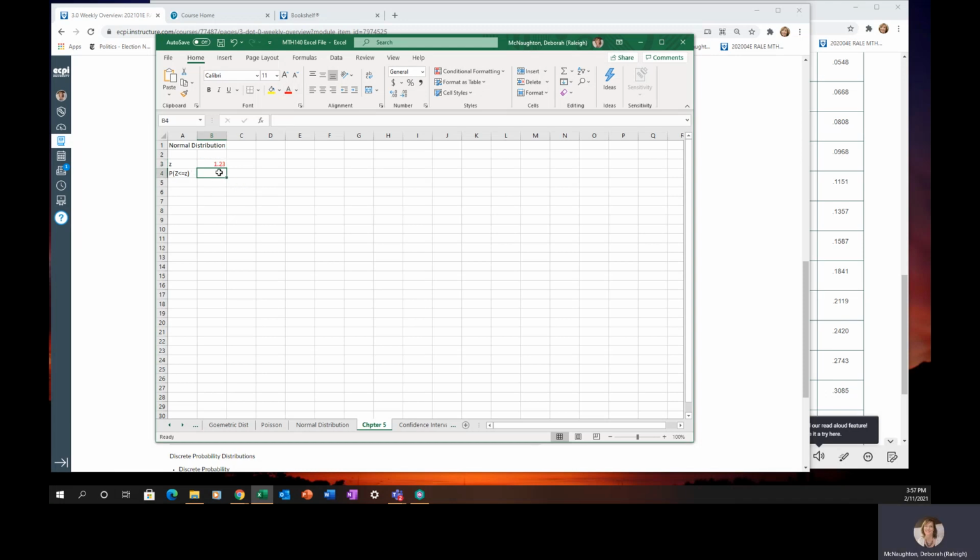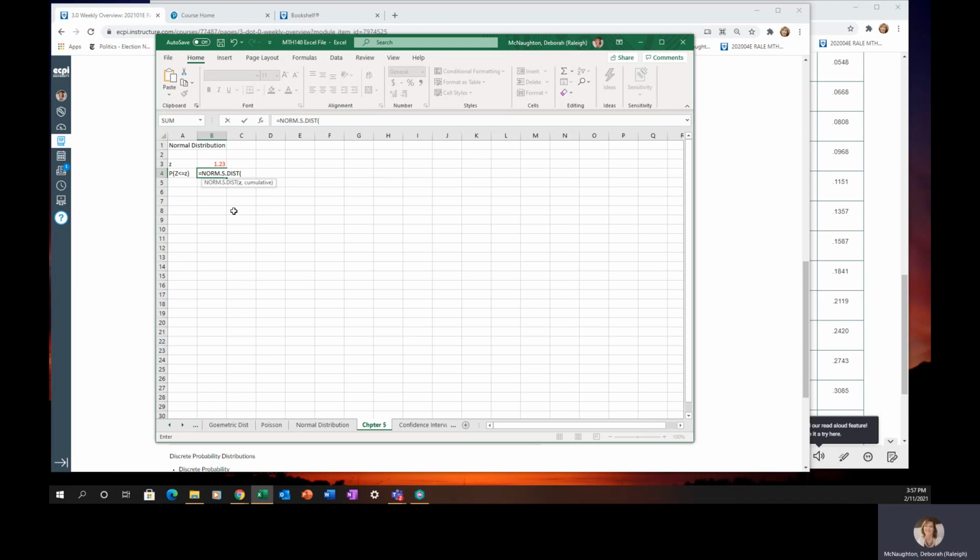All right, and then for my probability, I'm going to go equal norm. It's norm.dist. This one is for a normal distribution for a specified mean and standard deviation. This is an inverse normal, and this is the one I want because I want it for a standard normal, so for a z. So I want norm.s.dist.